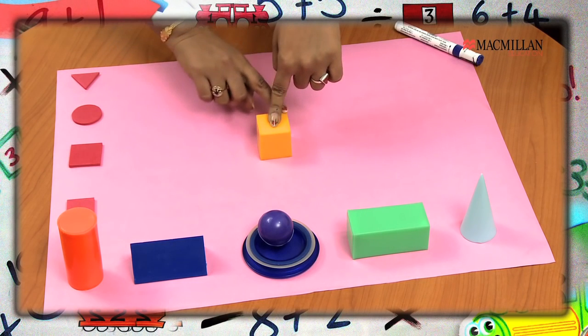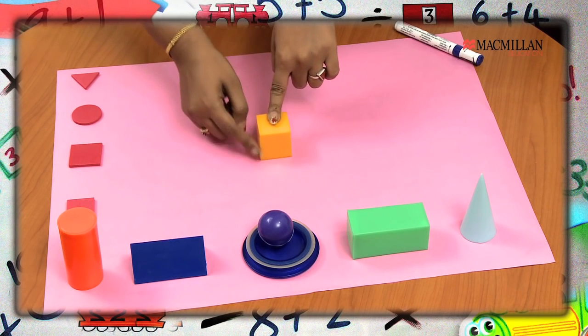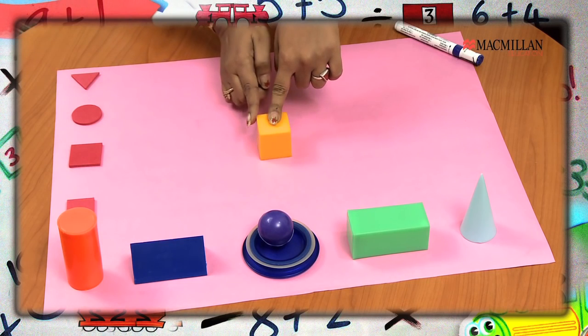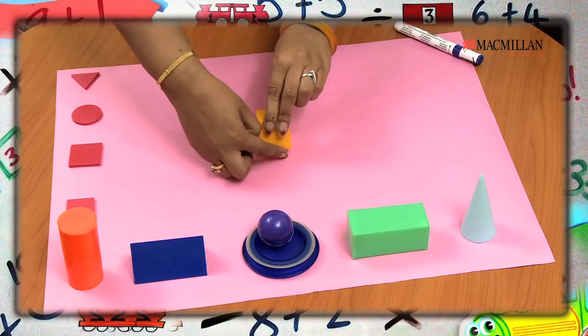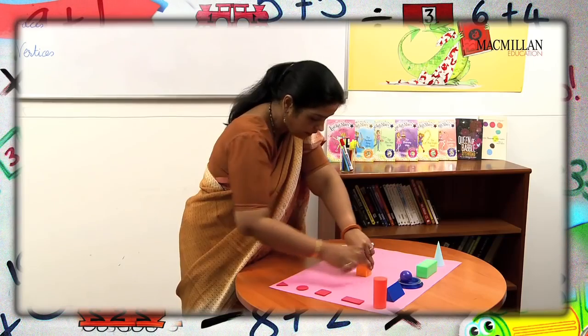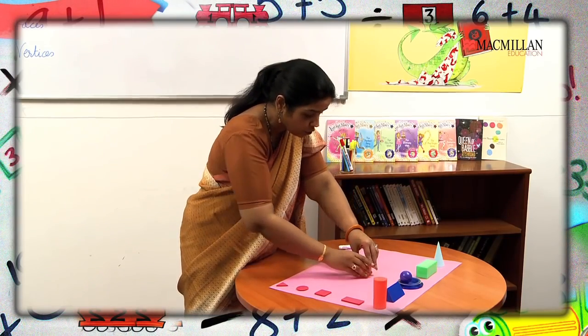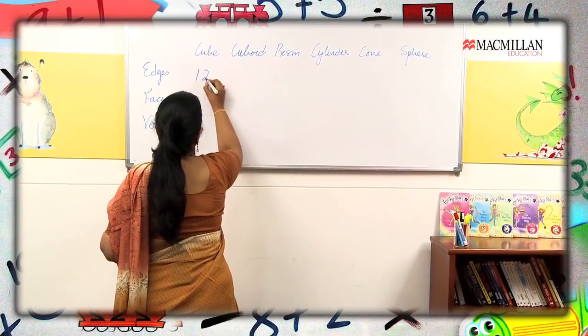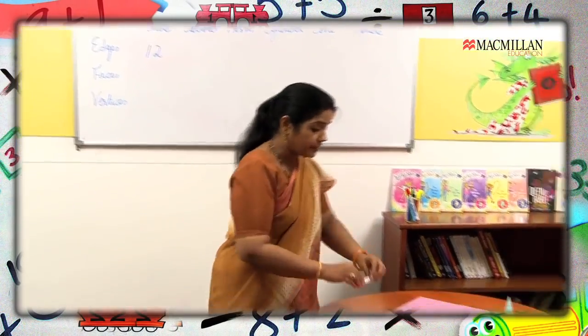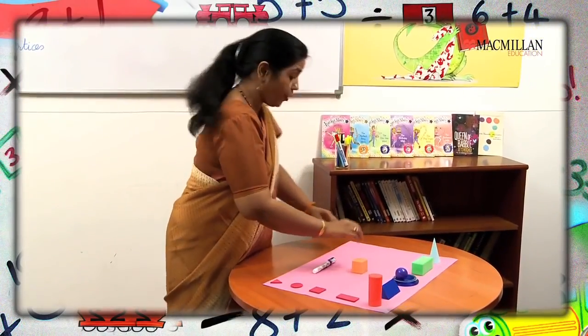1, 2, 3, 4, 5, 6, 7, 8, 9, 10, 11 and of course 12. So a cube has 12 edges. Let us now check for cuboid.